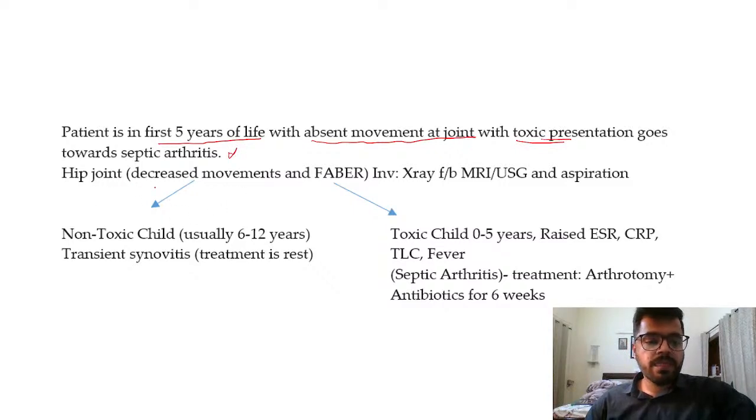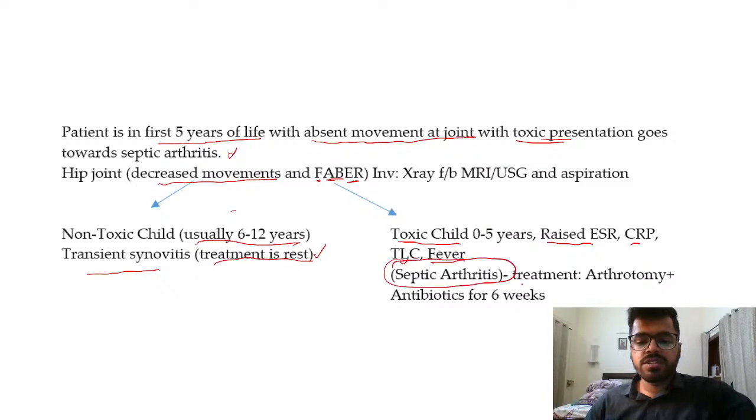If there is a decreased range of motion in the hip and there is flexion, abduction and external rotation, FABER, then if the child is non-toxic, usually 6 to 12 years, it is a transient synovitis and it can be treated with rest. But if the child is toxic, there is raised ESR, CRP, raised TLC as well as fever, then the diagnosis is septic arthritis, which needs urgent arthrotomy and lavage.